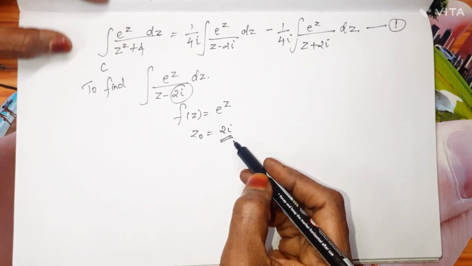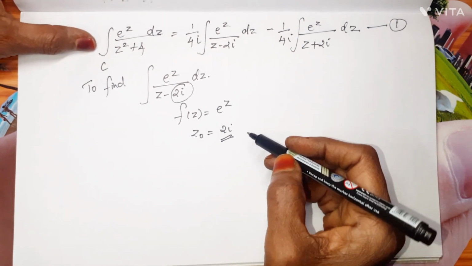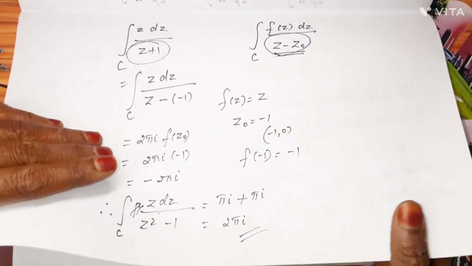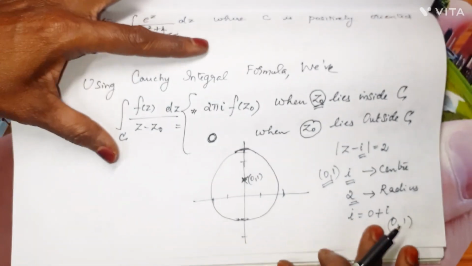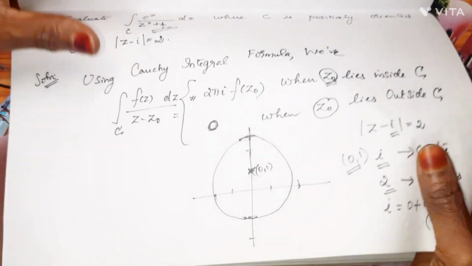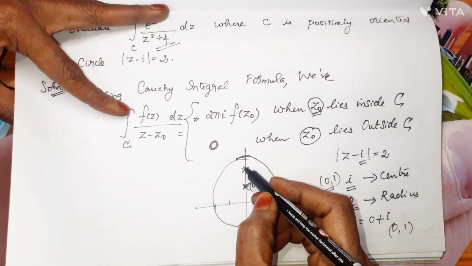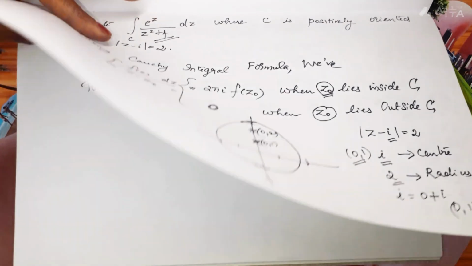First we have to check whether this 2i lies inside or outside the circle. 2i means the point 0, 2. I'll go to the front. This is the circle, right? So the point now what we have is 0, 2. This is the point 0, 2. Definitely this point is lying inside the circle.